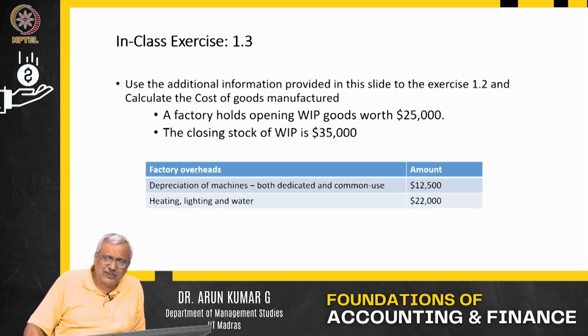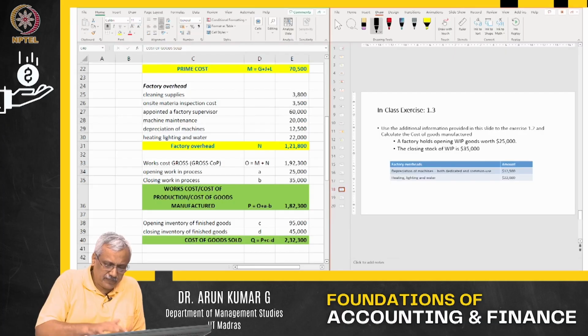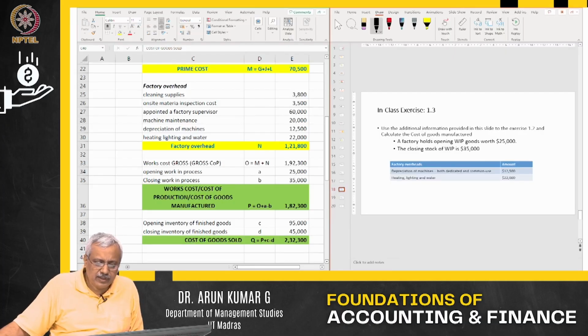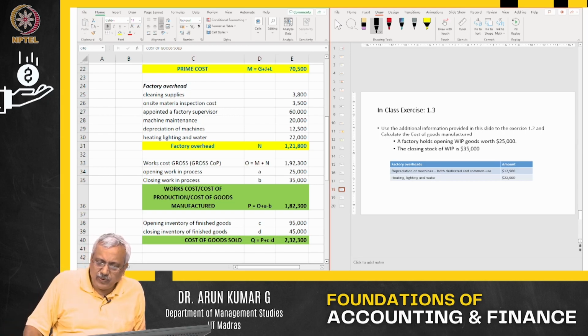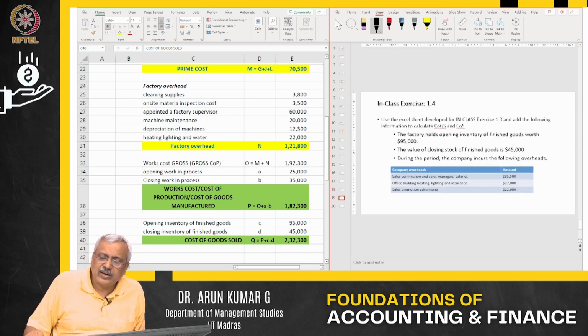Let me go back to our own example. I am just going to divide the screen here. 1.3 is over, 1.4 here. This is where we were. What did we do? We look at the non-manufacturing overhead.